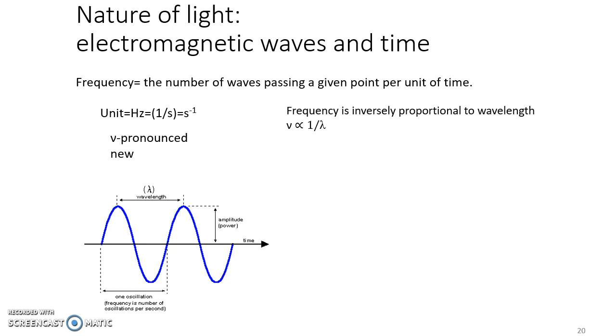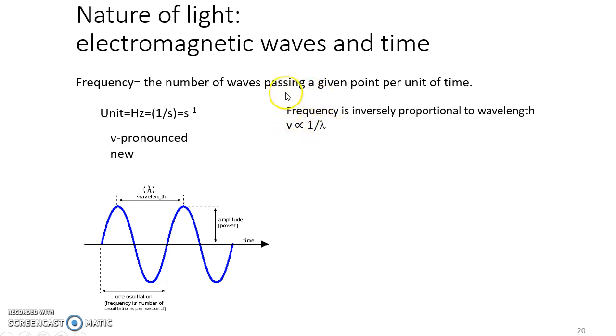So like I mentioned before, you can think about frequency of waves as inversely proportional to the wavelength. So the longer the wavelength, the fewer peaks you can get in, so the lower the frequency. So we say that frequency is inversely proportional to wavelength.